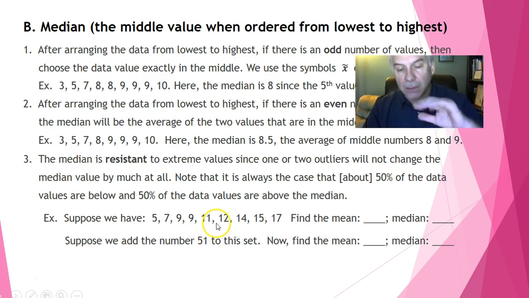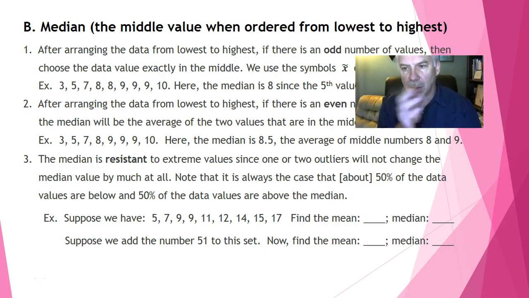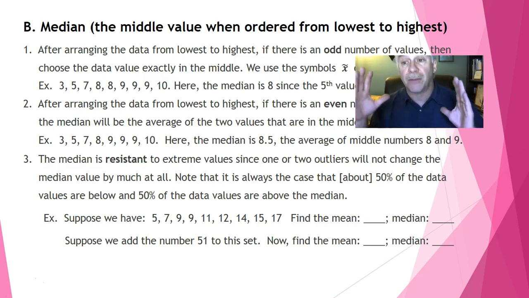Do the mean and the median with the number 51 added. If you add up all the numbers, it used to total 99, and you add the number 51 to it, it's going to total 150. So the sum of all the numbers now, with 51 included, is 150. And I have to divide that by how many numbers there are.